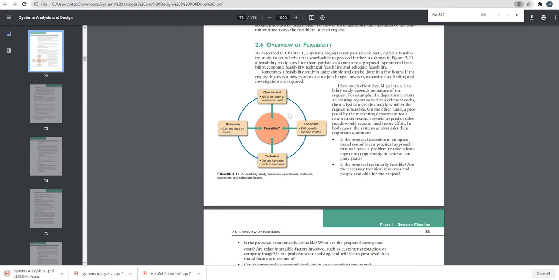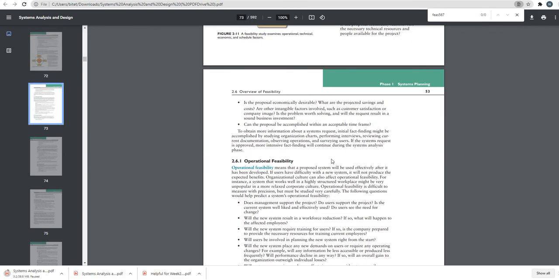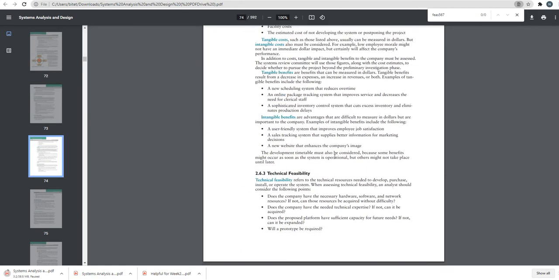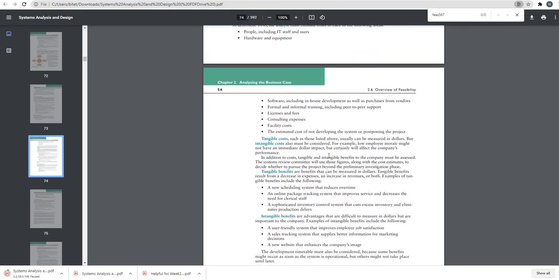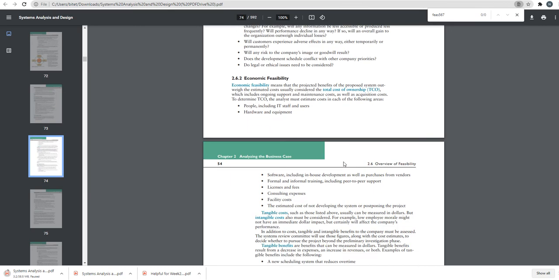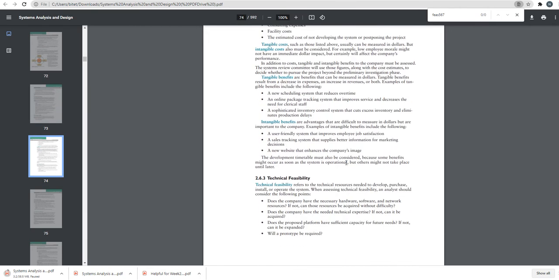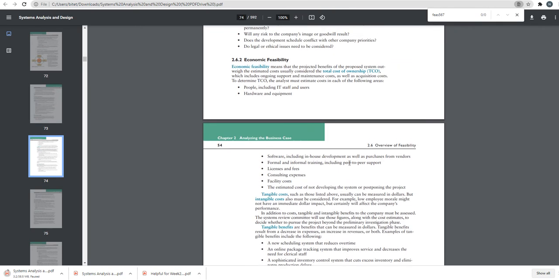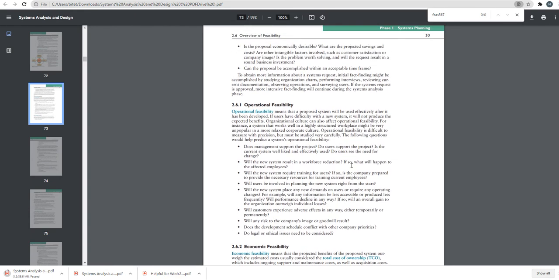If you read this 3 to 4 page work, it is very easy to understand how to evaluate a system for operational feasibility, technical feasibility, schedule feasibility, and economic feasibility. Let us start understanding operational feasibility.